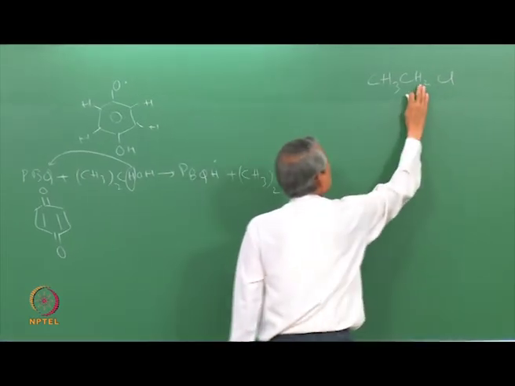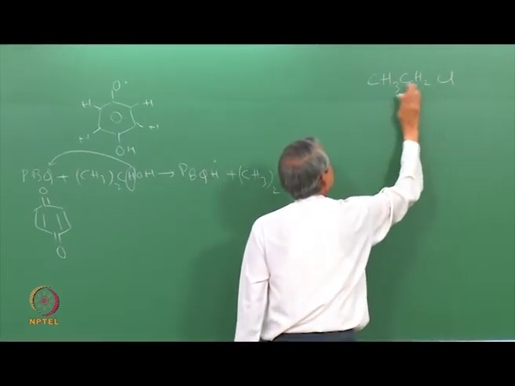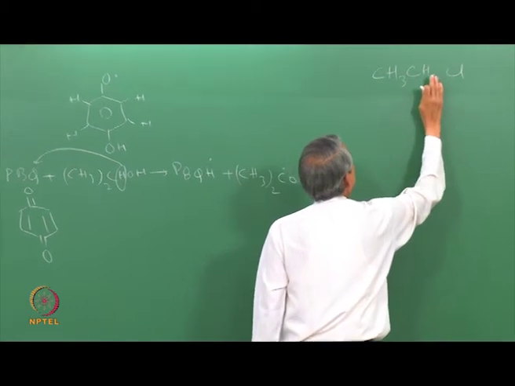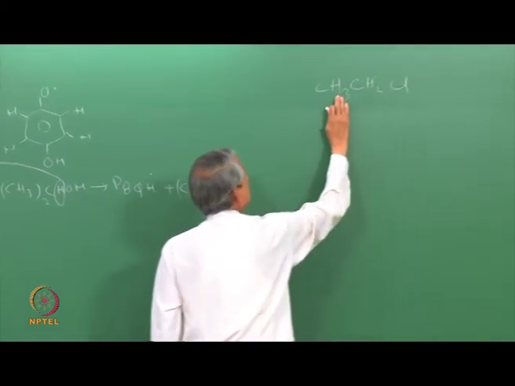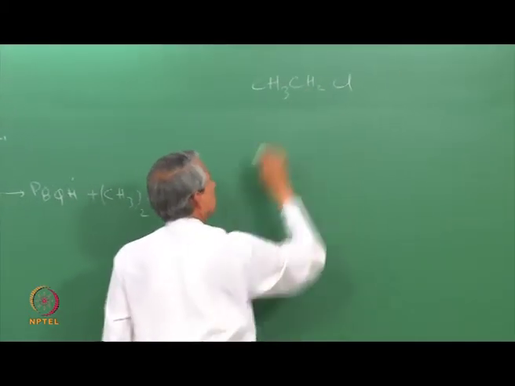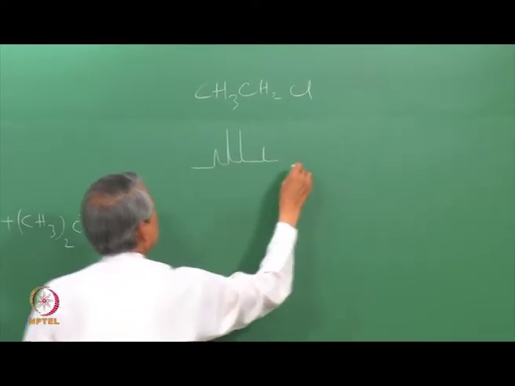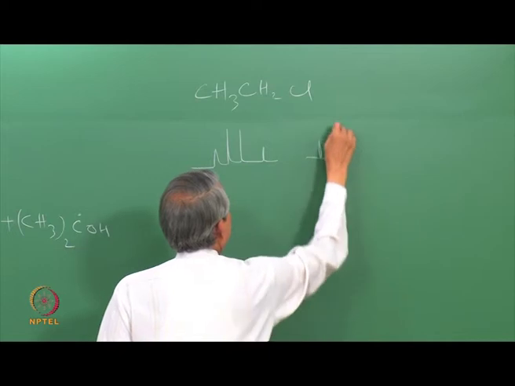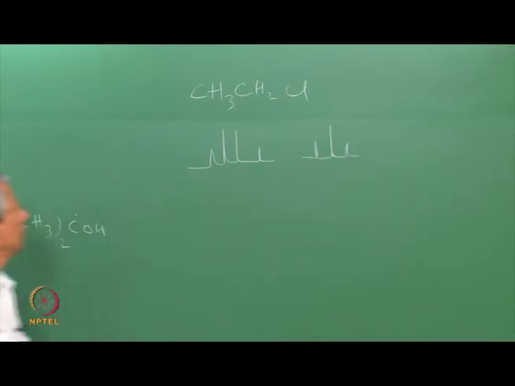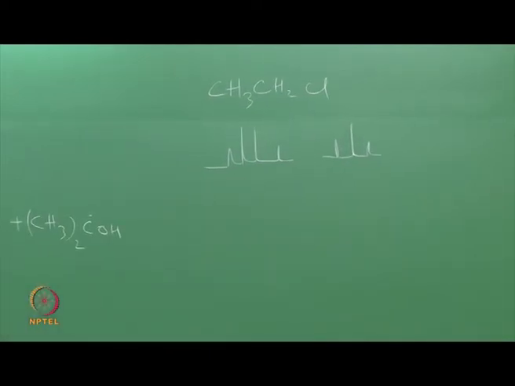There are 3 protons here, 2 protons there. So, this will be split into a quartet due to this, and this will be split into a triplet due to this one. So, this type of thing, and the other one will be this type of NMR spectrum is expected there.